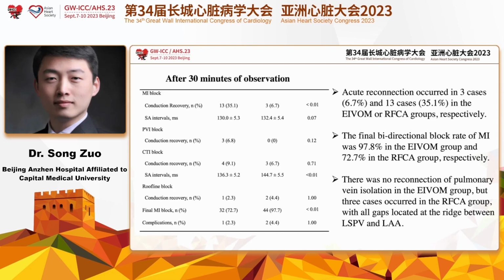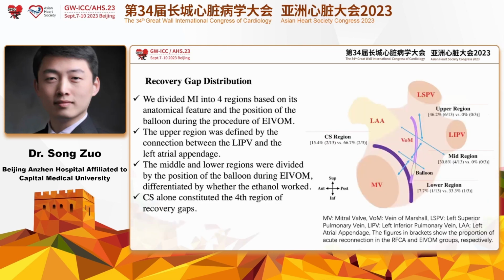There was no reconnection of pulmonary vein isolation in the EIVOM group, but 3 cases occurred in the RFCA group, with all gaps located at the ridge between the left superior pulmonary vein and the left atrial appendage.